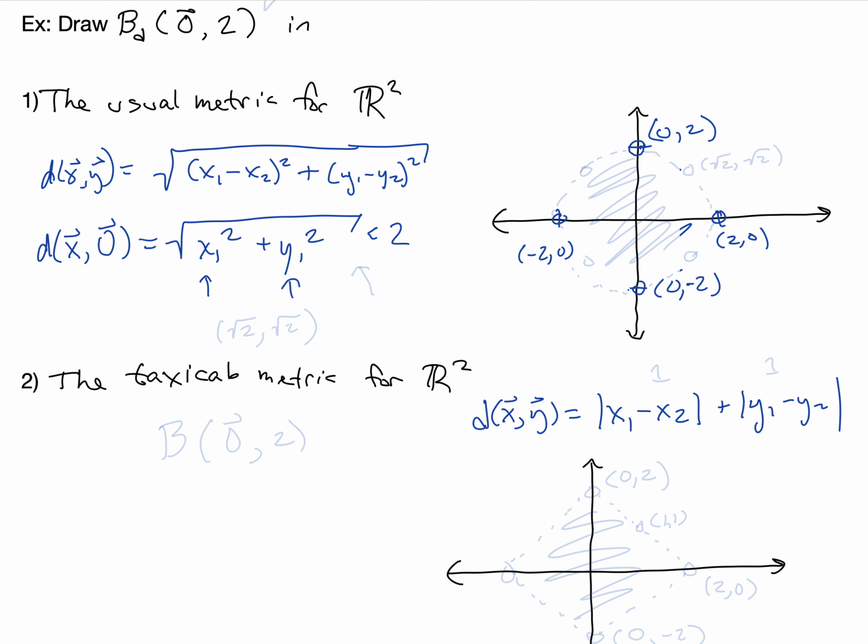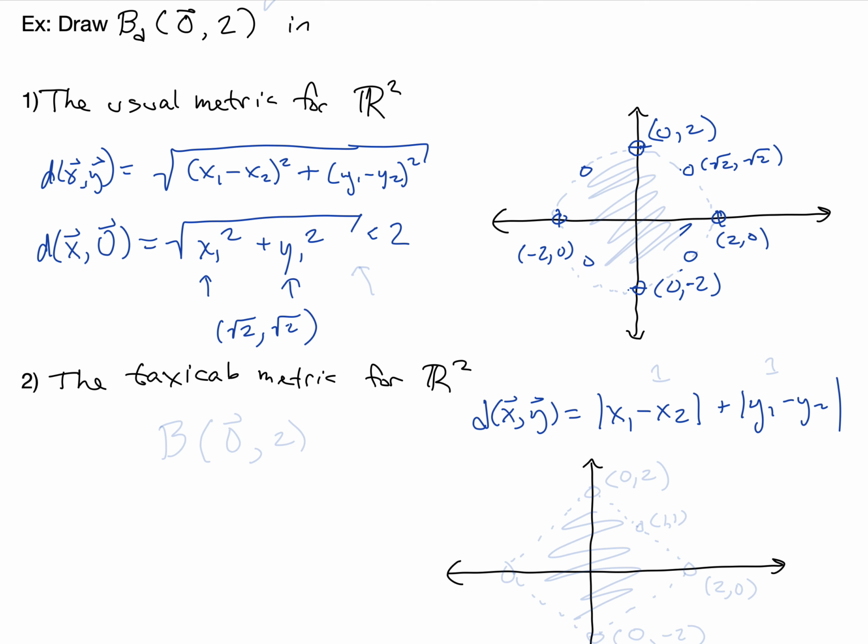Another thing that would be on the boundary would be, for example, (square root of 2, square root of 2). That would be a point such that the square root of x squared plus y squared would be exactly equal to 2. So (square root of 2, square root of 2), and similarly all the negative and positive versions of that.